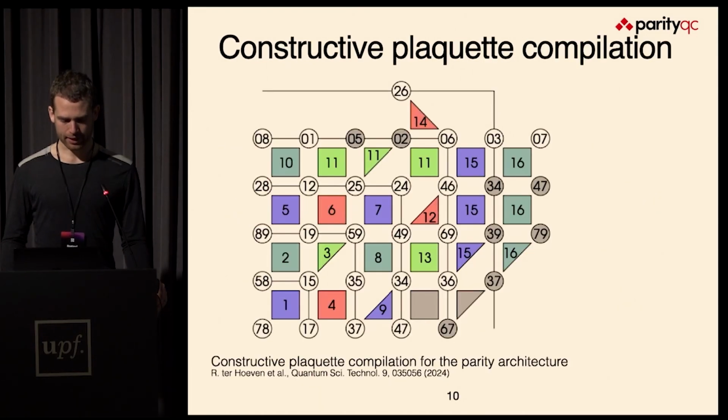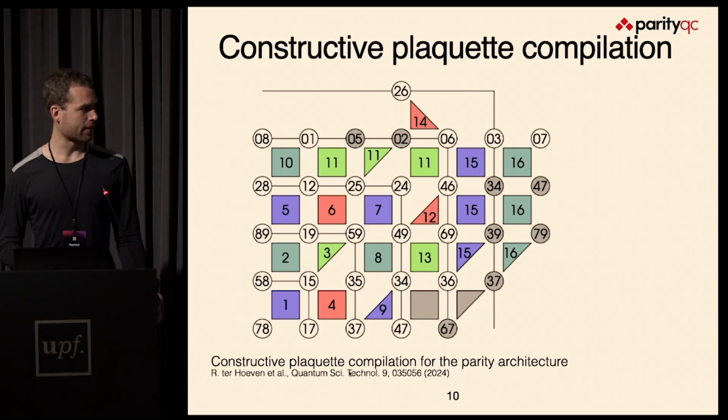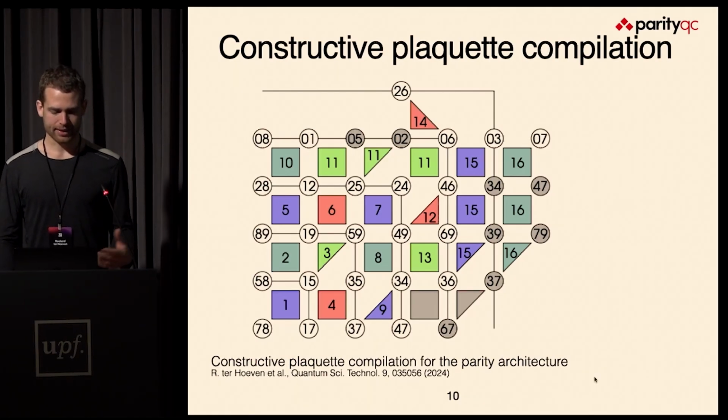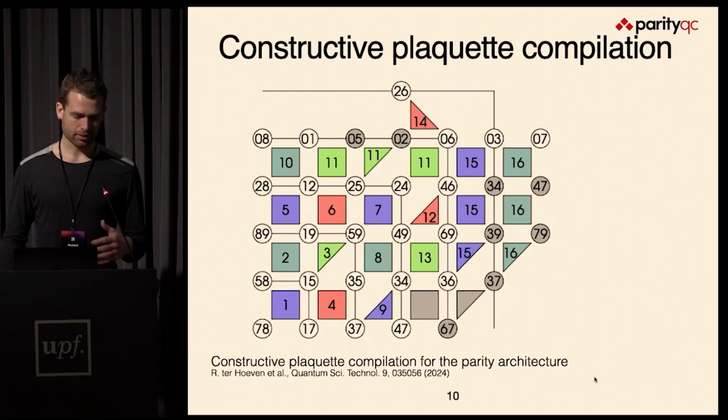And as one solution to this, we published this paper last year about constructive plaquette compilation for the Parity architecture. And the idea is now to not look for a perfect solution without any ancillas, but to look for a solution that has some ancillas.